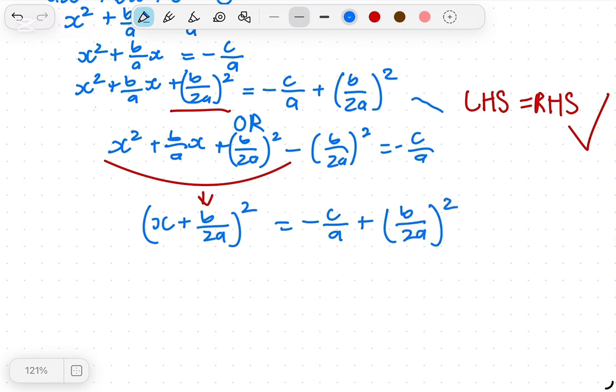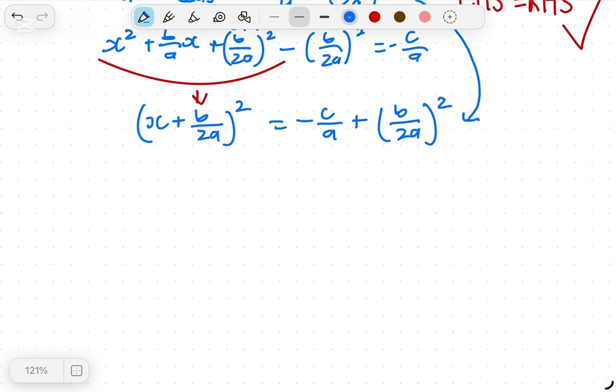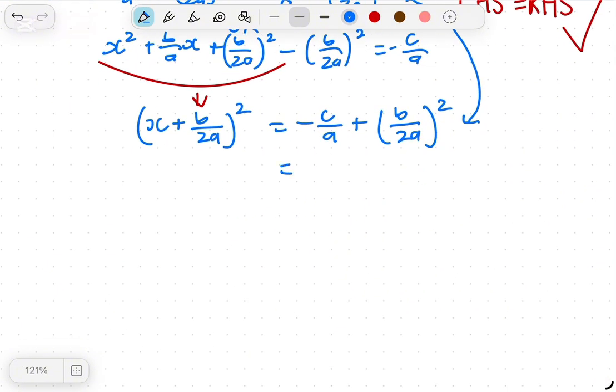Oh, I'm continuing from this step, if you can tell. And from here, we can change this expression into b squared minus 4ac over 4a squared. If you expand and simplify the equation, you will get this.